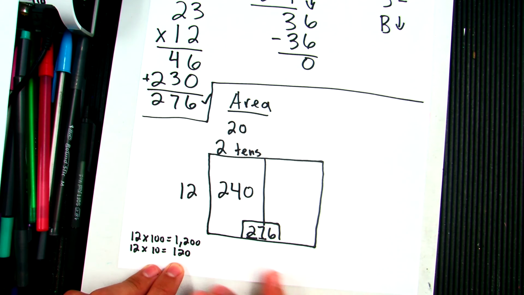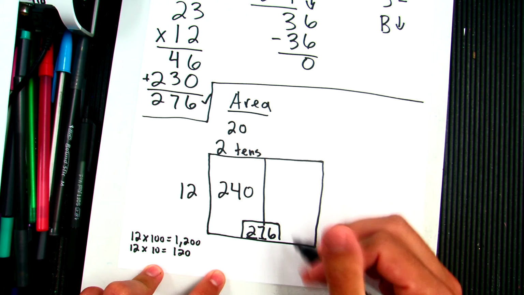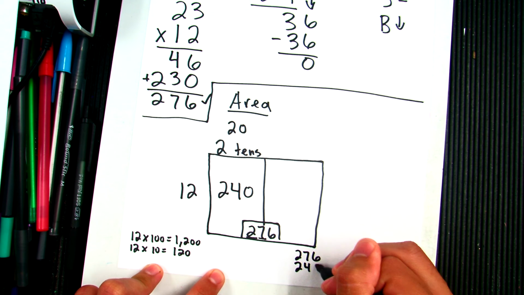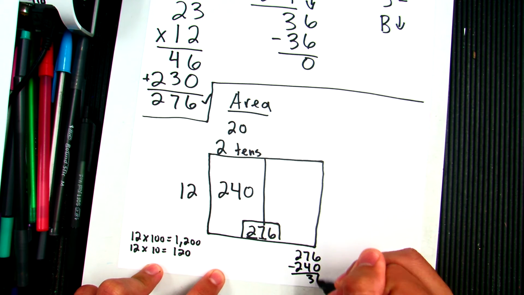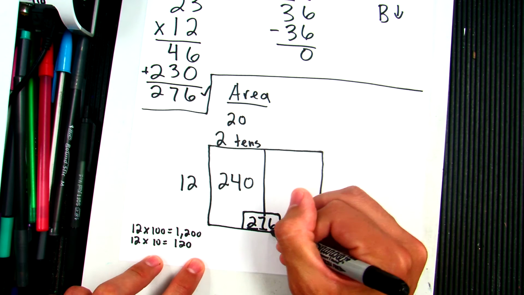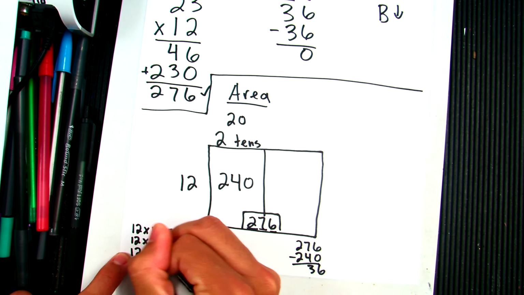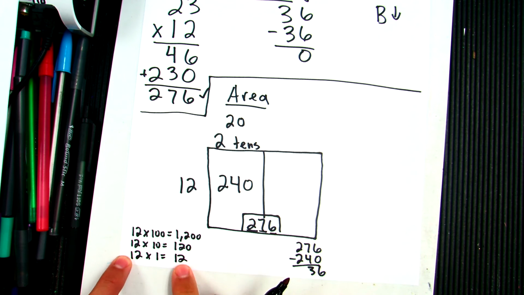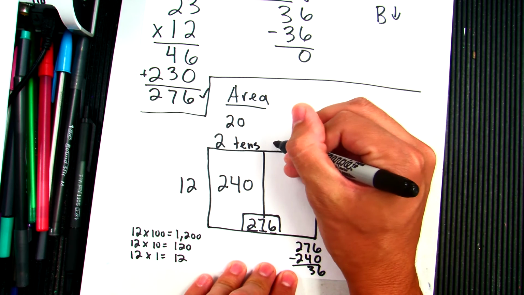Okay? I cannot take any more out because once I subtract it away and see how much I have left, you're going to see that I only have 36 left. So I need to go to my next place value, my ones place. 12 groups of 1, which is 12. How many groups of 12 can I take out of 36? I can only take out 3.